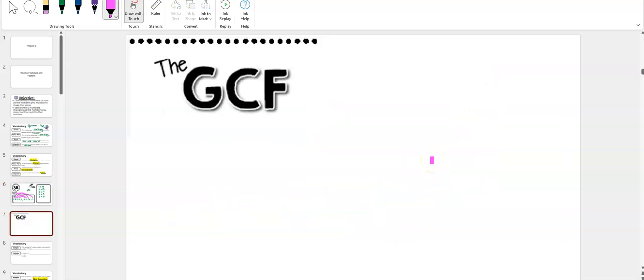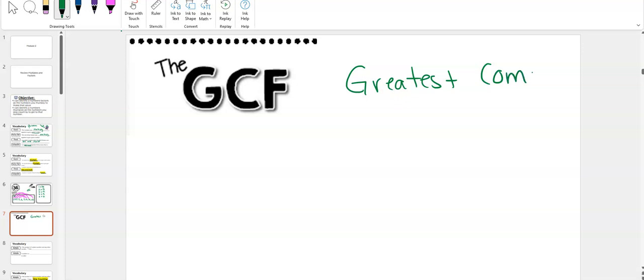Okay, so that is explaining our GCF. Now GCF means greatest common factor. Okay, and you might be asking yourself, well, what does that even mean?